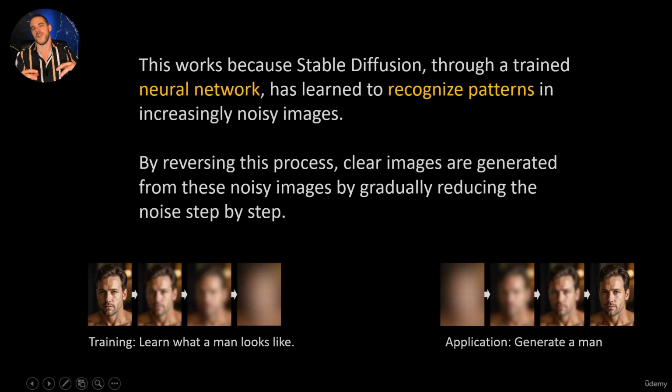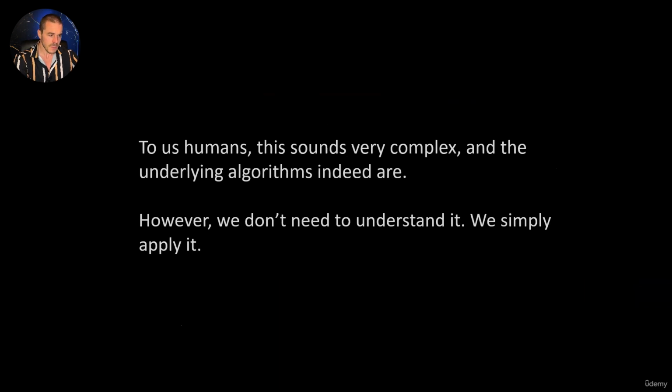So this is just on a very top level explained how the training of such a model works and how the actual image generation process works. But no worries, we don't need to fully understand this to be able to generate great images. Because to us humans, this sounds very, very complex, and the underlying algorithms actually are, but however, we don't need to understand it, we just use it to our own advantage.